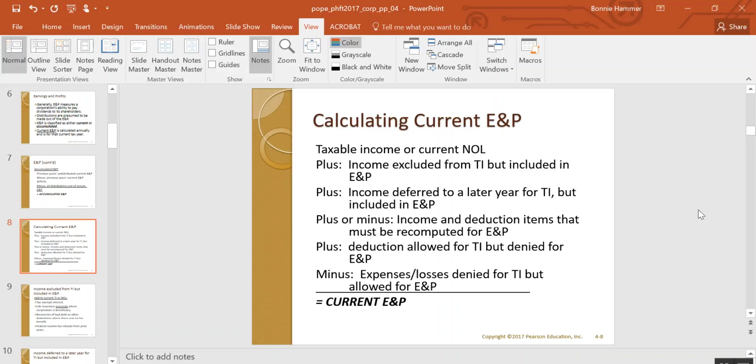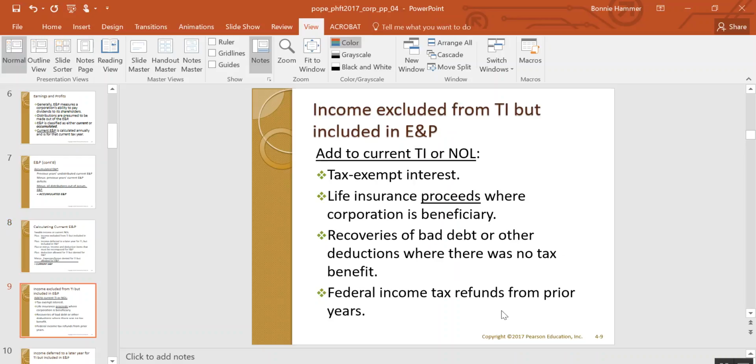If there's a current net operating loss, then it would be a tax loss. And then we add and subtract certain things that are either non-deductible for E&P purposes or taxable or non-taxable for E&P purposes. So here's our summarized formula for calculating current E&P. But we need to know what all these pluses are and what all these minuses are.